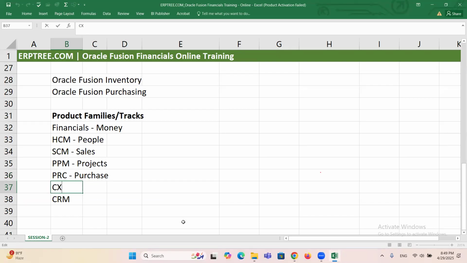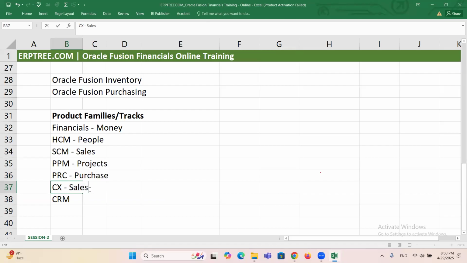And CX. CX is related to sales applications again. How to deal with the customer, different negotiations, etc., can all be handled there.